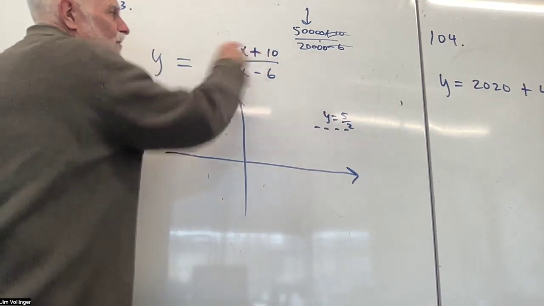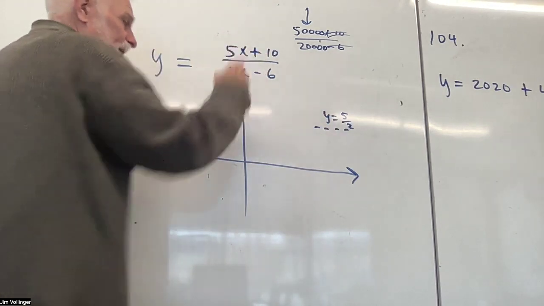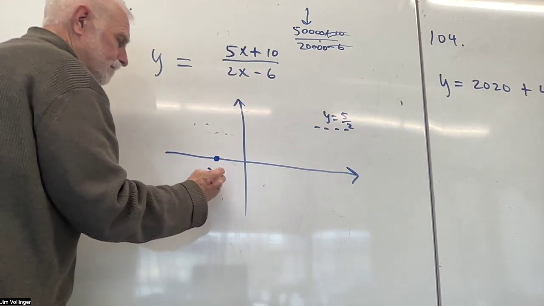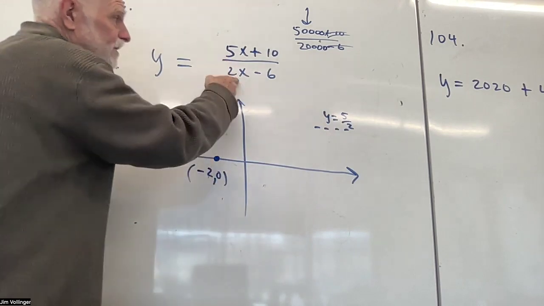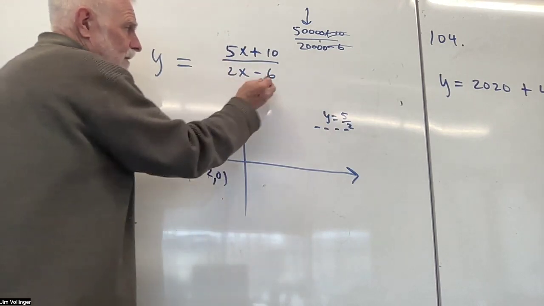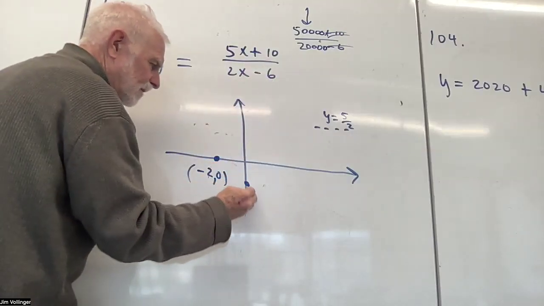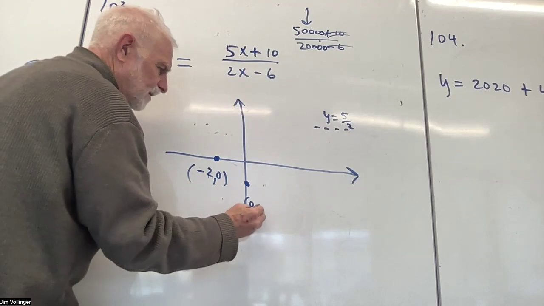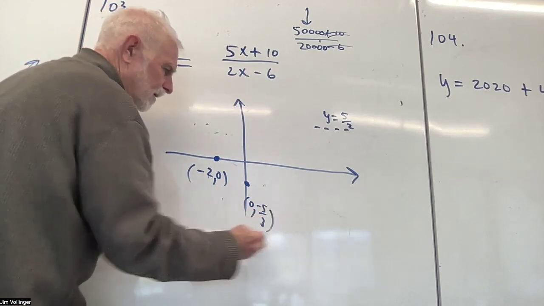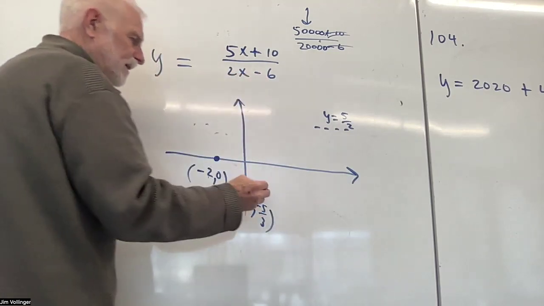I can look at the numerator and find my x-intercept. Looks like it's -2. That gets me a 0. I can plug a 0 in to find the y-intercept. 10 over -6, -5/3. Maybe that's about there. So 0 gets me -5 over 3. And I can see it's undefined at x equals 3.